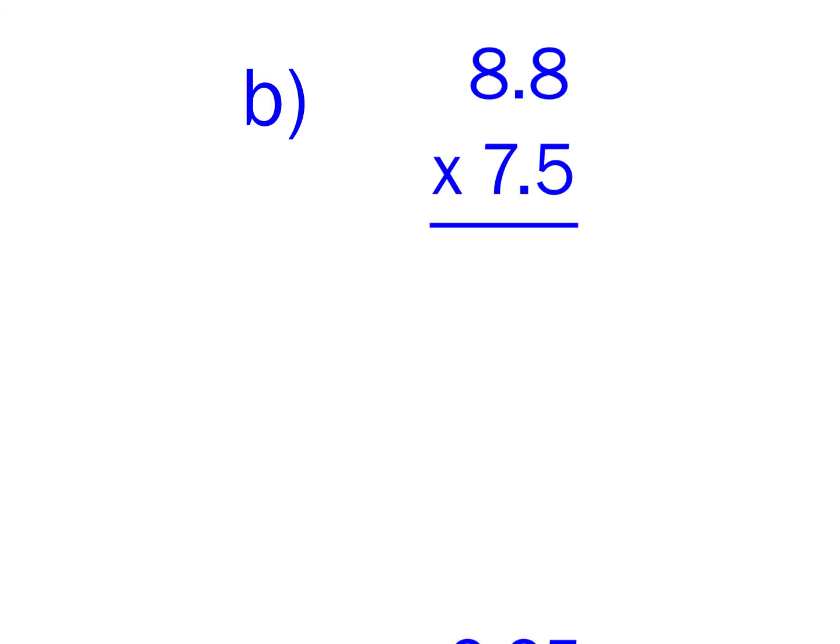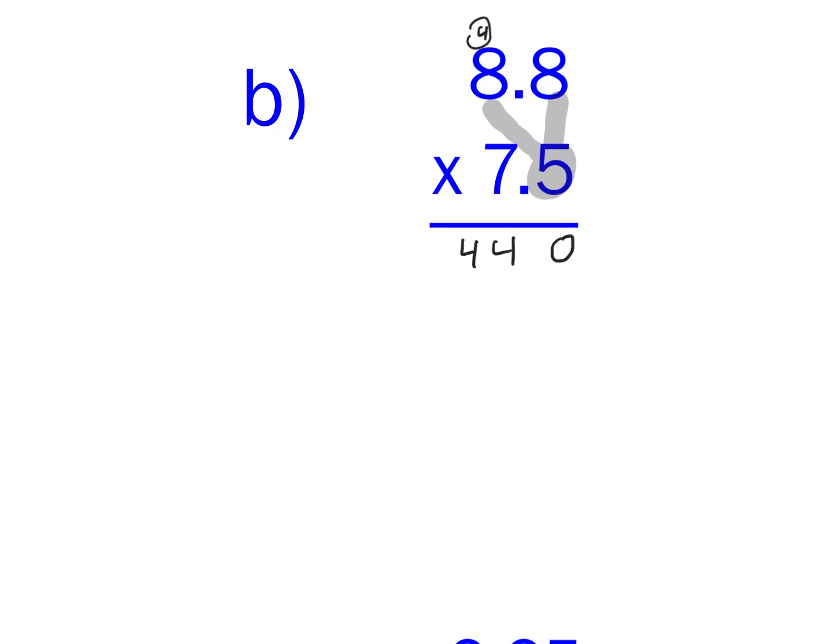We're going to start off by taking the 5, multiplying it by 8, and then taking the 5 and multiplying by the other 8. So 5 times 8, 40. Carry the 4. 5 times 8, still 40. Add the 4, we get 44.